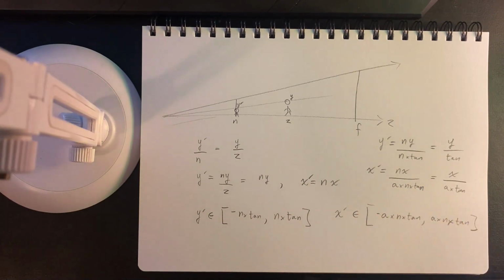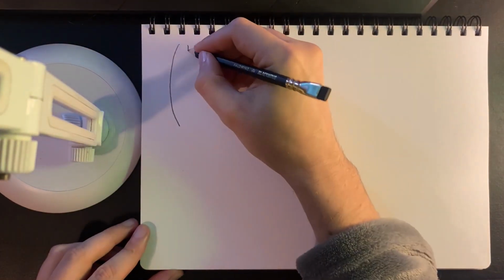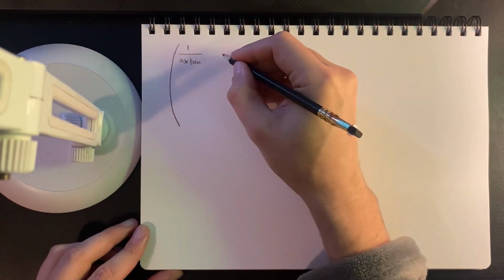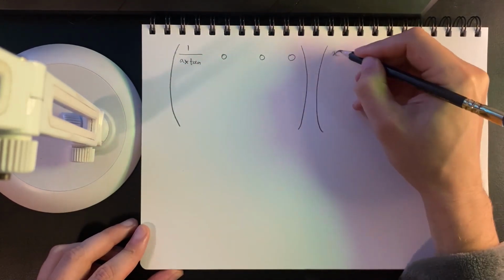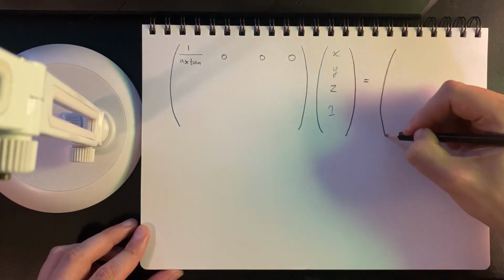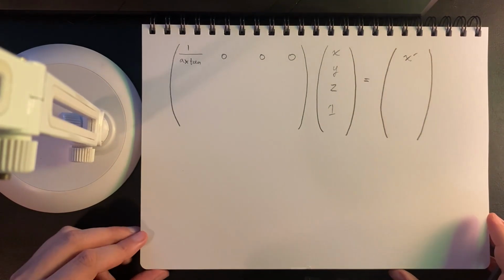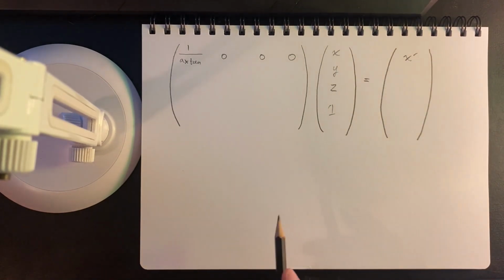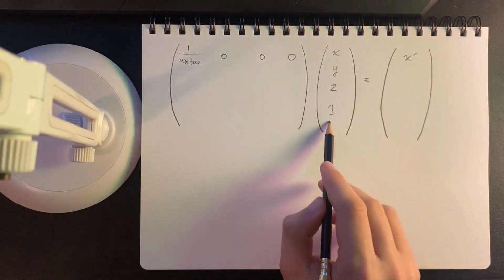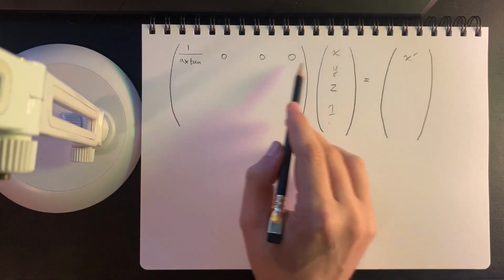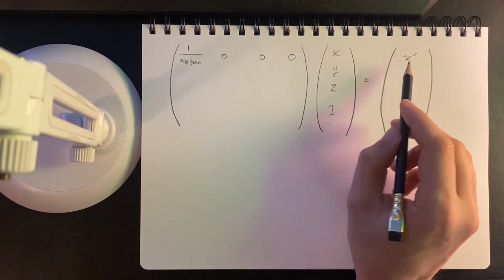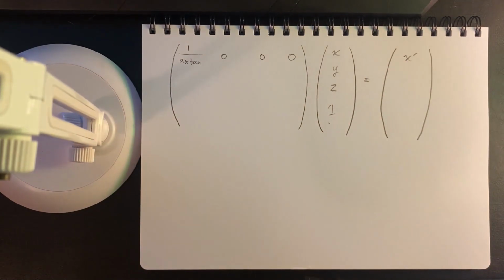So I'll just write out what we have currently. Okay, so when we transform this vector through, the formula for x dash, it's really just x divided by that factor.